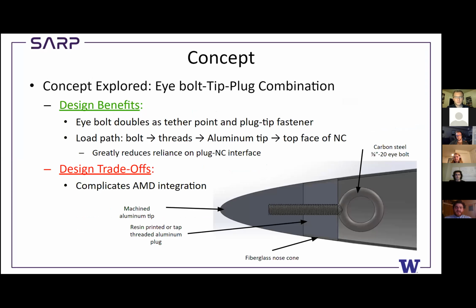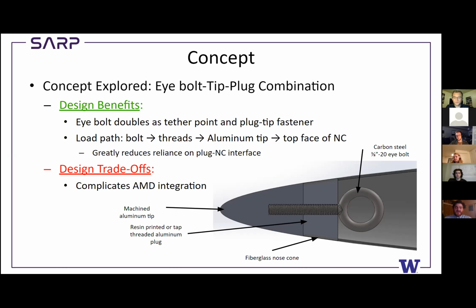So the main concept we had explored was the eye bolt tip plug combination. If you look at this diagram, on the left we have the dark gray, which will be the tip, on the tip of the Nosecone.